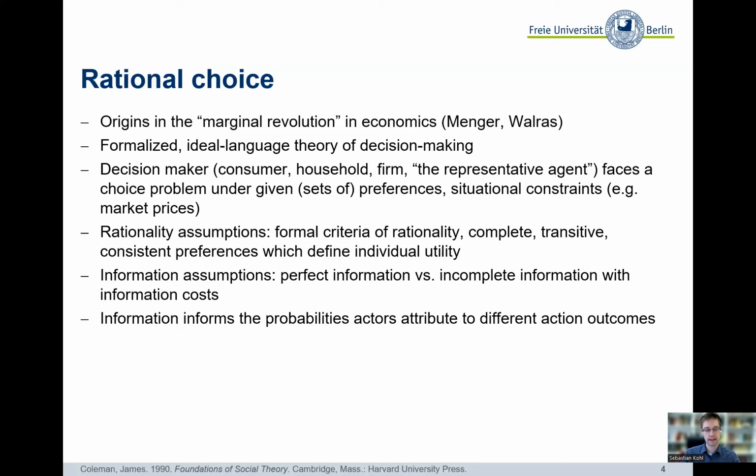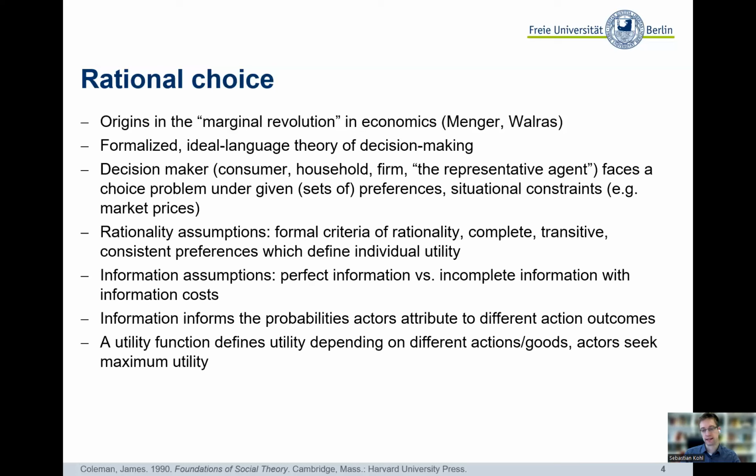And with all of this in place, actors are able to calculate their maximum utility in case they are households, or their maximum profits in case they are companies, and so on.